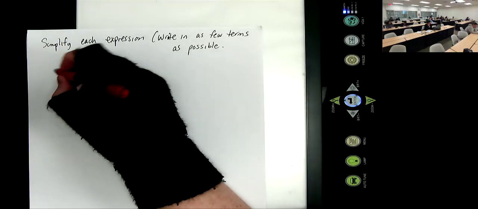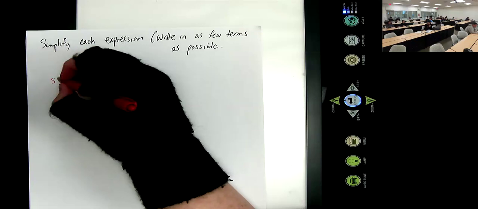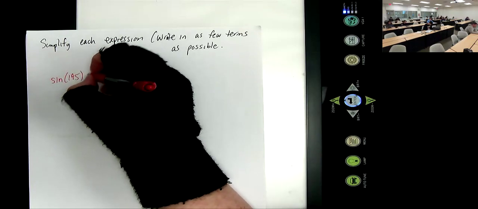Let's start with sine of 195, cosine of 195.